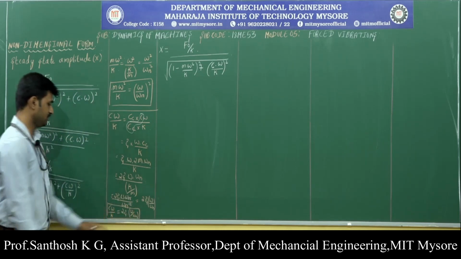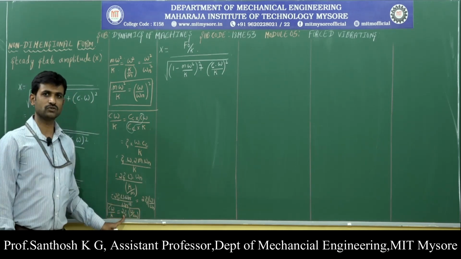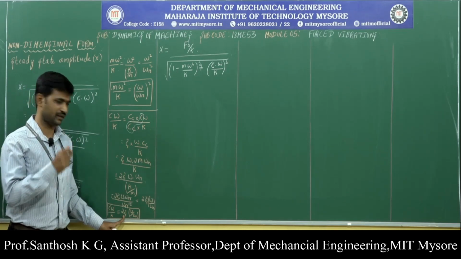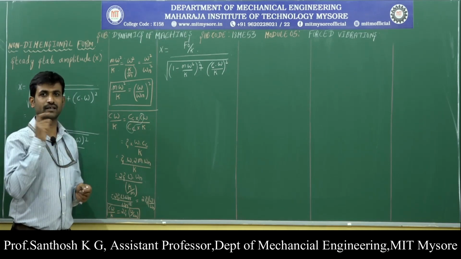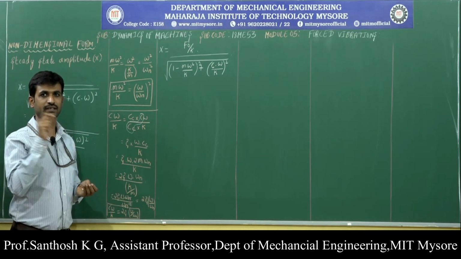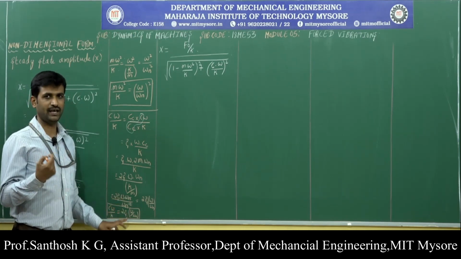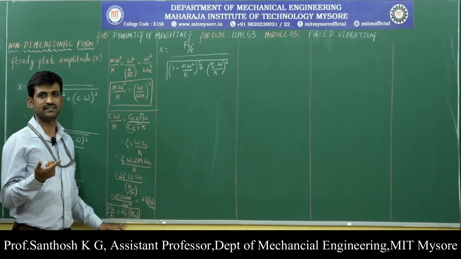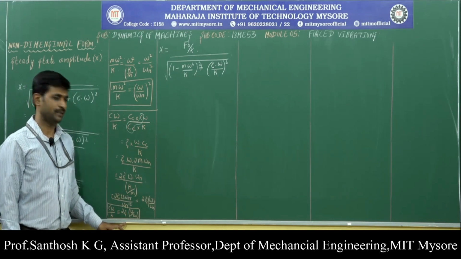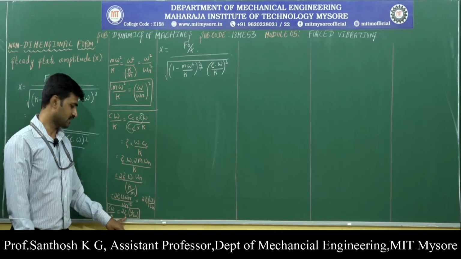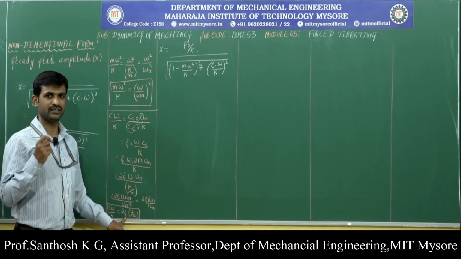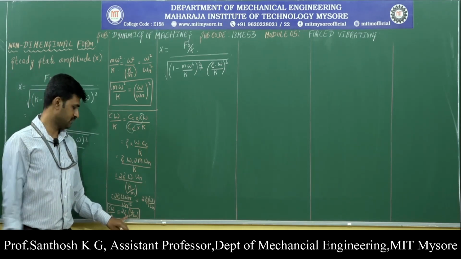Here, zeta is the damping ratio, and it represents the ratio of c divided by cc. The units of c and cc are the same, Newton second per meter, so they cancel out. As a result, zeta has no units.